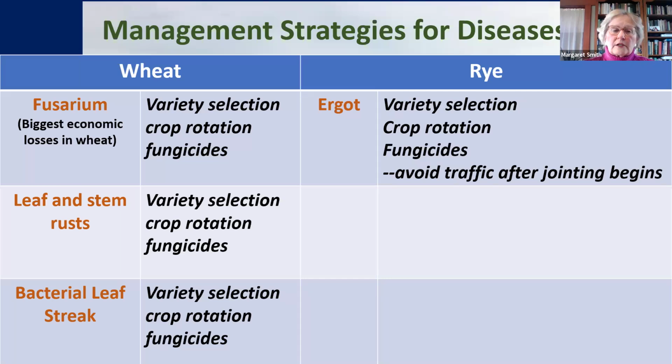Crop rotation and variety selection are top strategies, with fungicide being, I'd say, the third method of approach to managing fusarium. Leaf and stem rust, again, there's been breeding for resistance. Crop rotation, very important. And for rye, again, ergot, variety selection, and crop rotation are extremely important in management, with fungicides being a third line of attack.